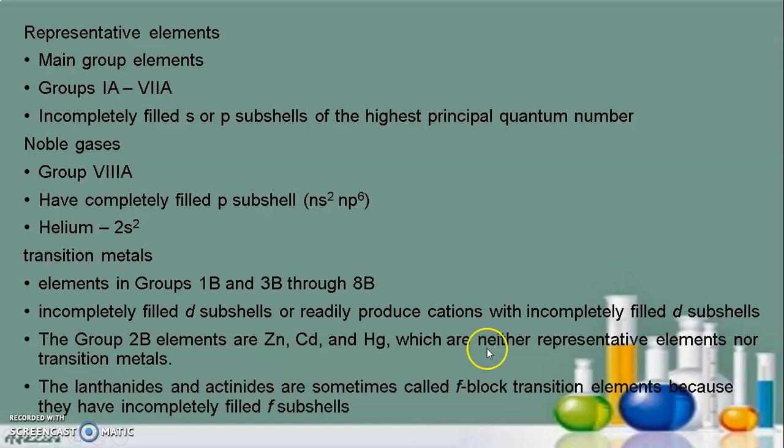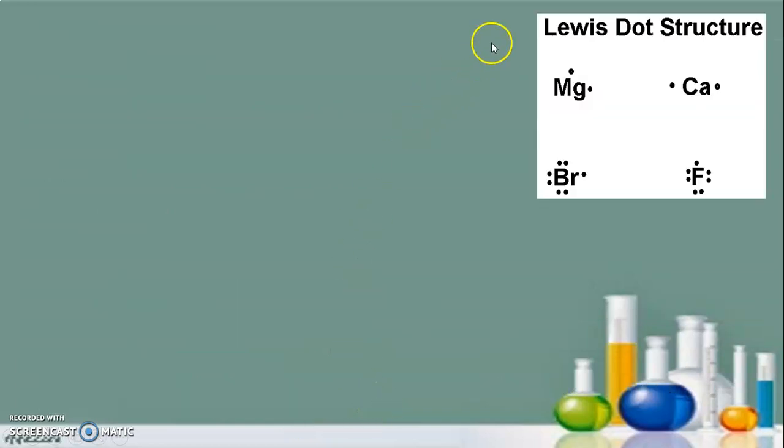The lanthanides and actinide series are also known as your f-block transition elements because they have incompletely filled f subshells. So those are your categories or groupings in the periodic table.